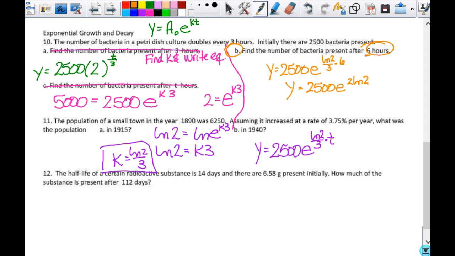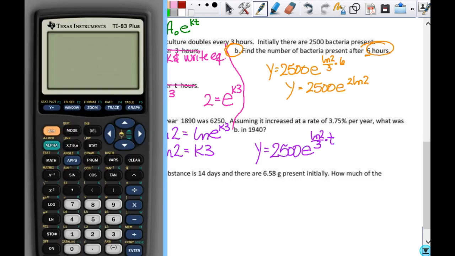Let's type that in. We get 2,500 times e to the 2 natural log of 2 power. You get 10,000.